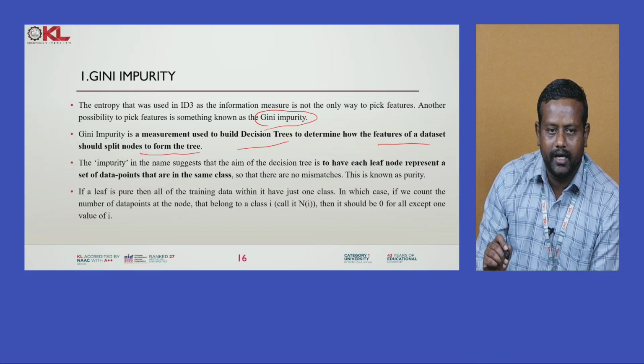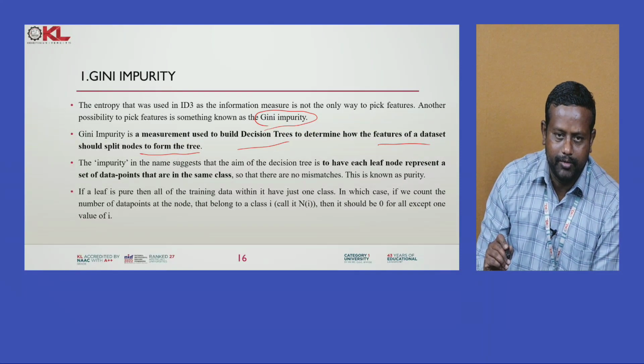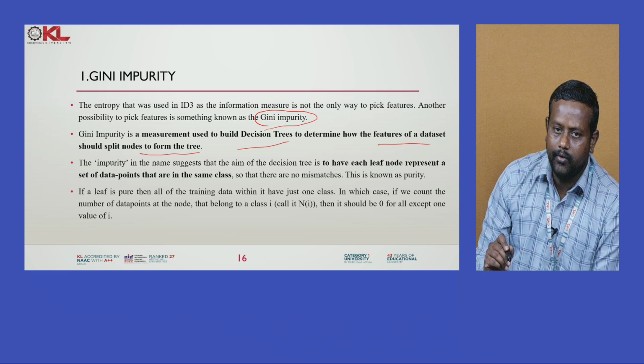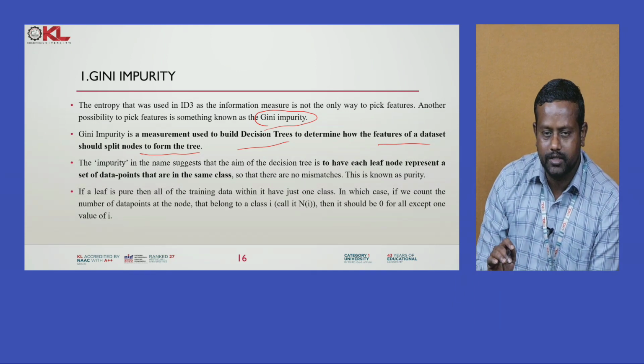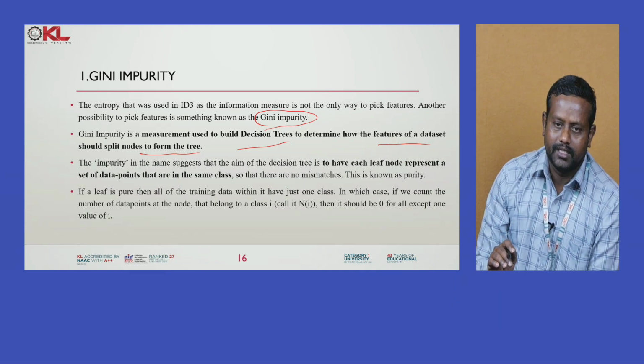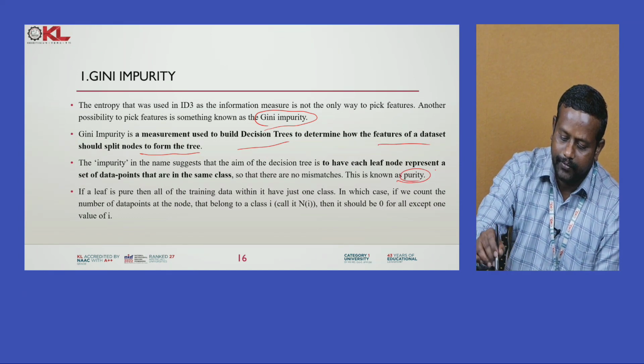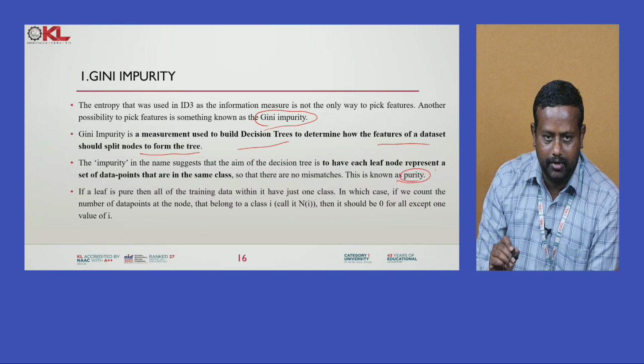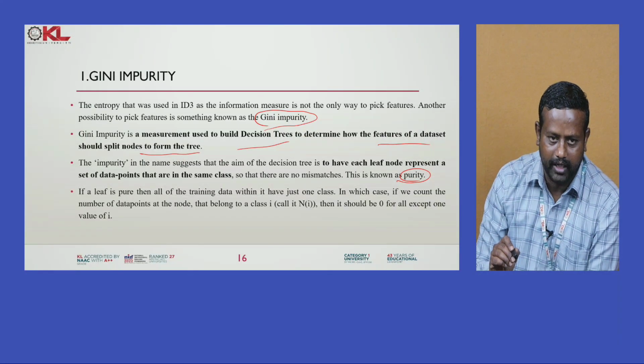The impurity in the name suggests that the aim of the decision tree is to have each leaf node represent a set of data points that are in the same class, so that no mismatch occurs. This is known as purity. When the data points are not related to the same class, it is impurity.